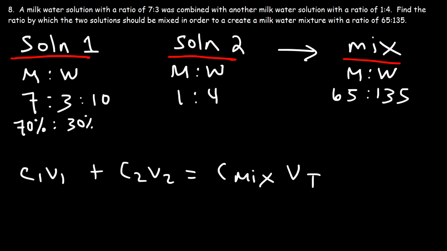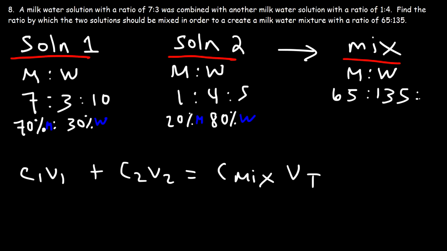Now what about a 1:4 ratio? So the whole is 1 plus 4, which is 5. 1/5 is 20%, and 4/5 is 80%. So this is 70% milk, 30% water, 20% milk, 80% water.